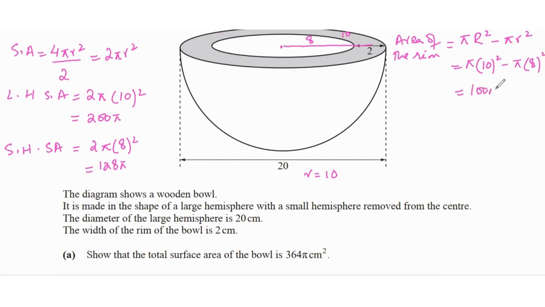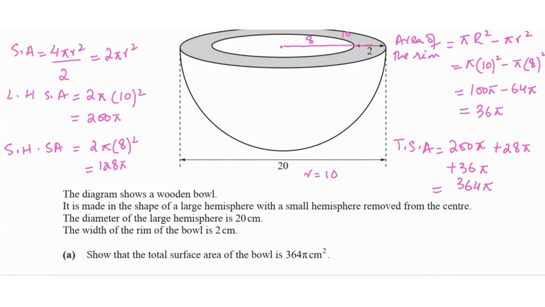That's 100 pi minus 64 pi, which is 36 pi. Total surface area is going to be 200 pi plus 128 pi plus 36 pi, which is 364 pi as given in the question.